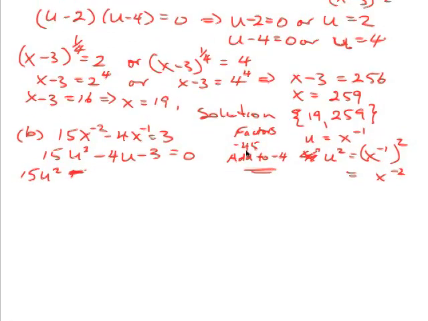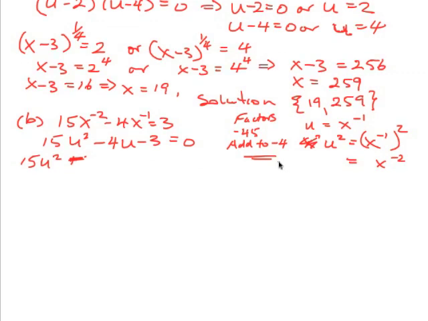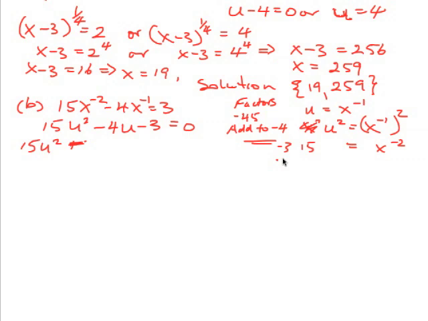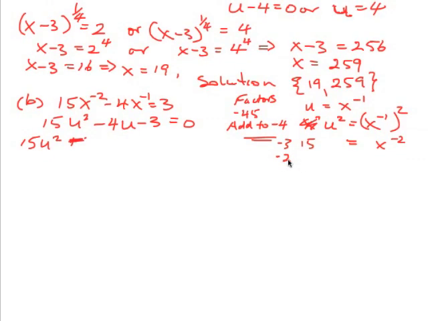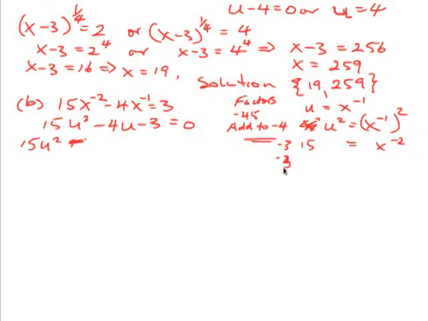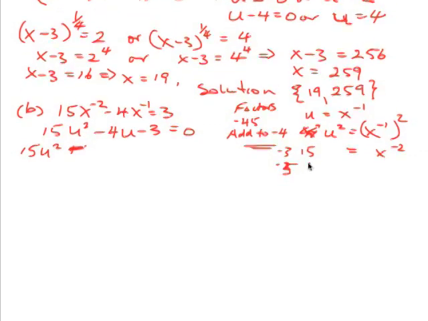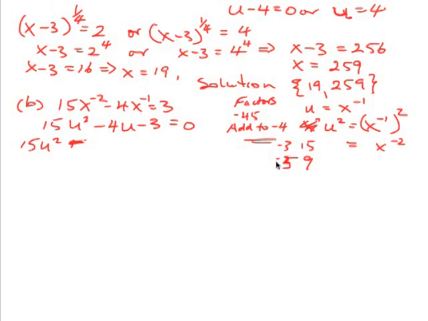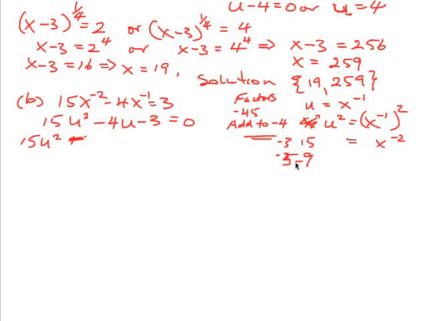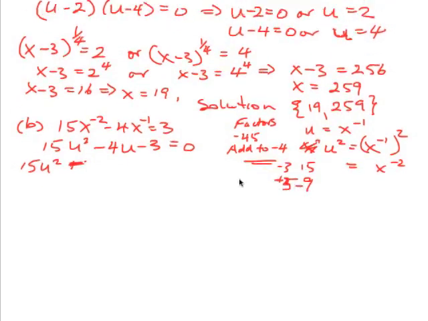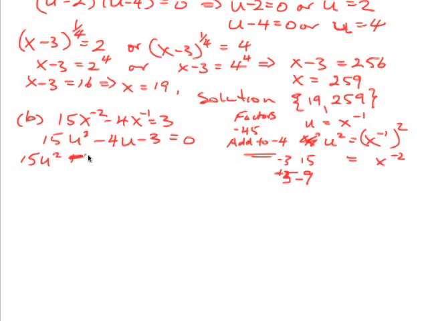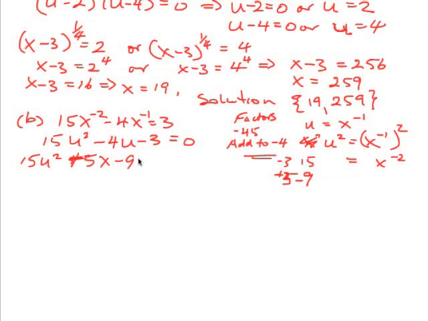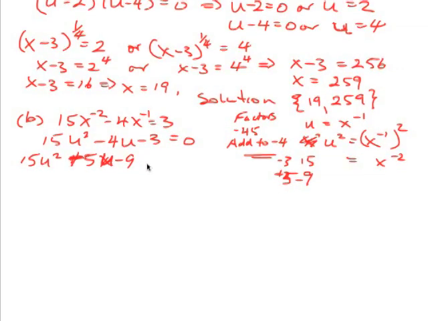Let's have a look. So it's not always easy to look at this. So negative 3 and 15, that doesn't work. Negative 2 doesn't work. So what about 5s? 5 and 9. Ooh, there we go. 5 and 9. So if we have a negative 9 and a positive 5, that will give it to us. So here we go. So this will be a plus 5, so we're on the right track. Minus 9, oh, this will be u.